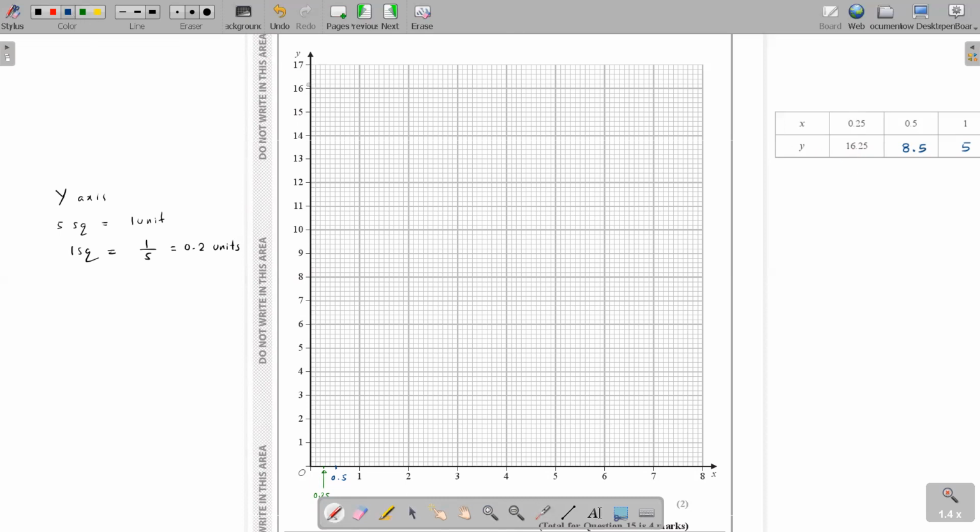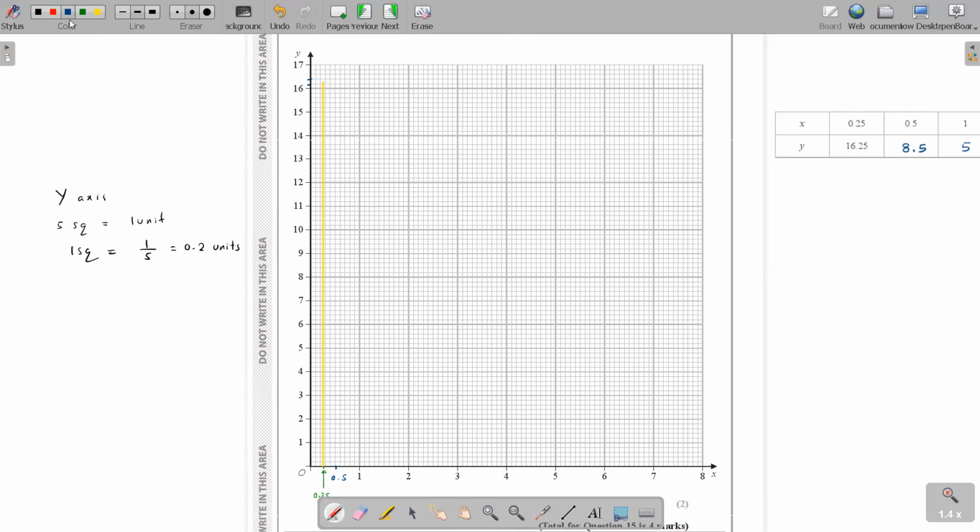So this one small square is 16.2. So this will be 16.4, right? So 16.25 we'll have to mark as closely as we can. It's not going to be exactly accurate. So 0.25 and 16.25. If I mark the value, I end up somewhere close over here, right? 0.25 is in the middle of the square, and 16.25 is going to be somewhere in the middle, isn't it? 16.2, the other one is 16.4.